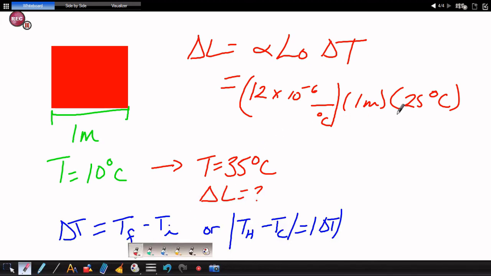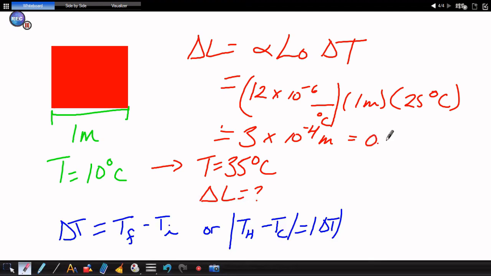The point is we need to calculate this out. And when we do it, we will get that a sidewalk will change 3 times 10 to the minus 4. In our units here, we have Celsius canceling, and we'll have meters. And this is 0.3 millimeters.